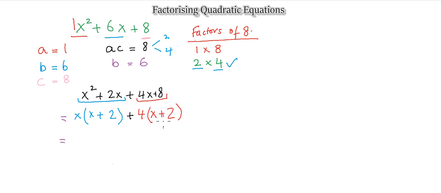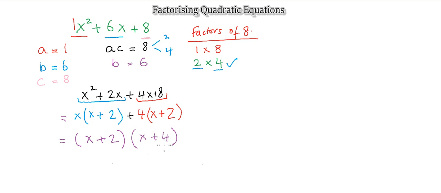So one of my brackets will become x plus 2, and my other bracket will become what's left outside. So that's x and plus 4. So x plus 4.